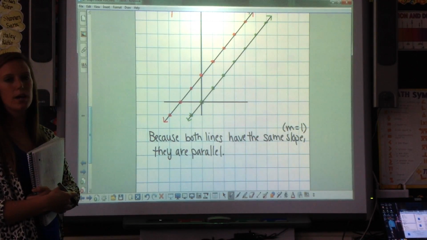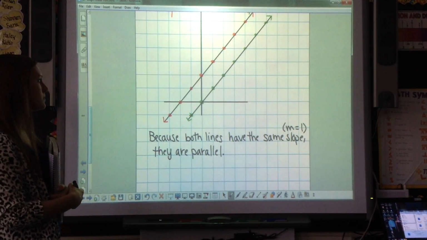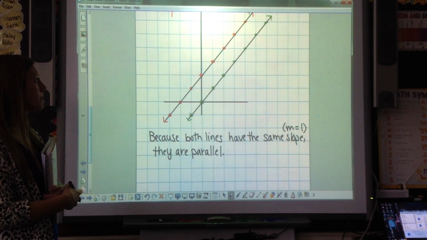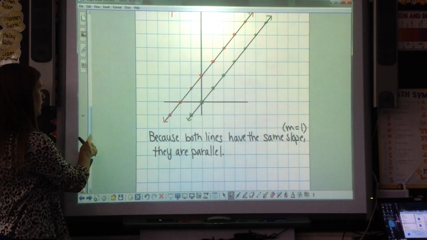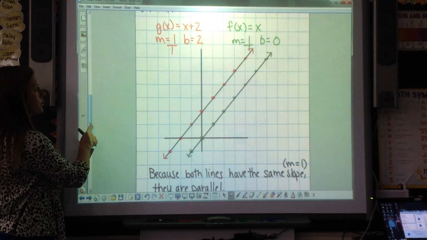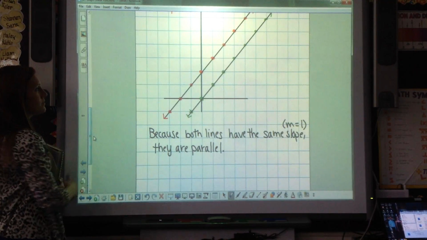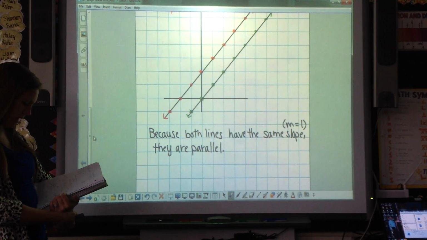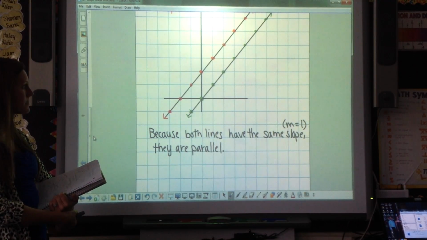Now we're going to describe the y-intercepts. They do not have the same y-intercepts. The red line, which is the graph of g, has an intercept of 2, and the graph of f has an intercept of 0.